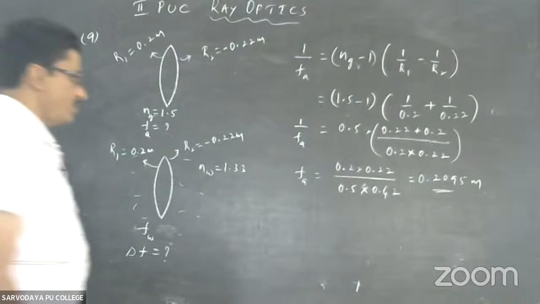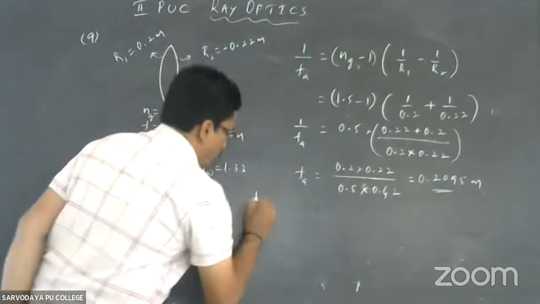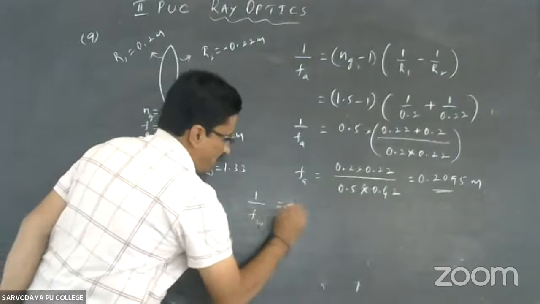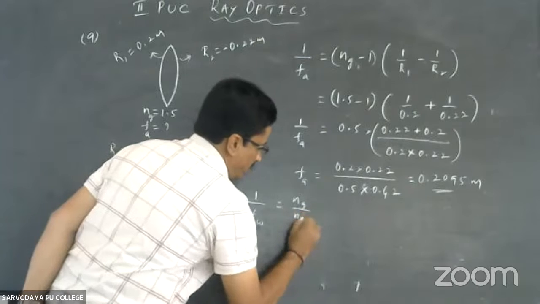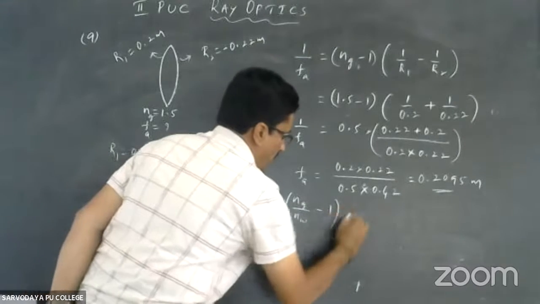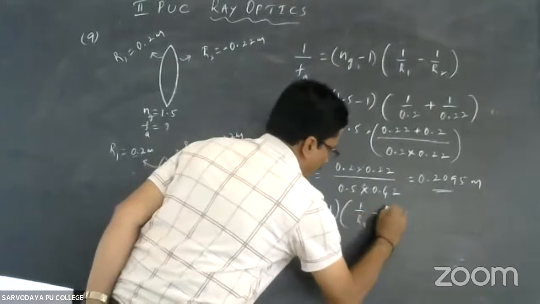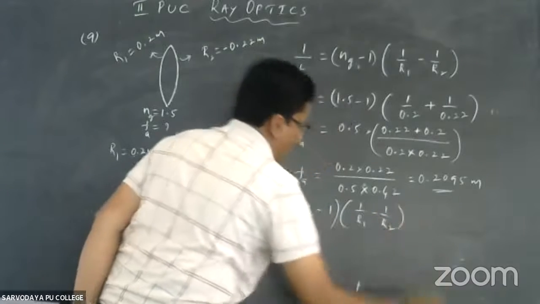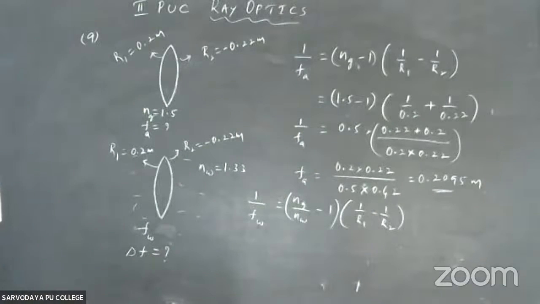That's why, once you consider focal length in water, it will be equal to Ng by Nw minus 1 into 1 over R1 minus 1 over R2. First, let us write the formula.